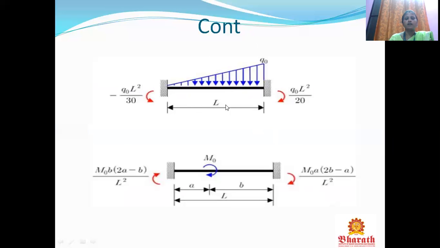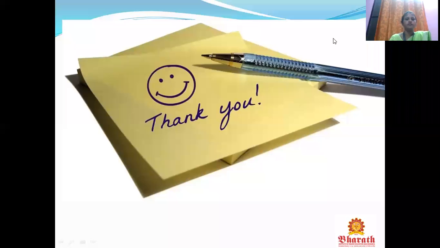Next, if a moment is acting on the beam, the formula is M0 B into 2A minus B divided by L square. On the other side, the formula is M0 A into 2B minus A divided by L square. So these are the fixed end moments.